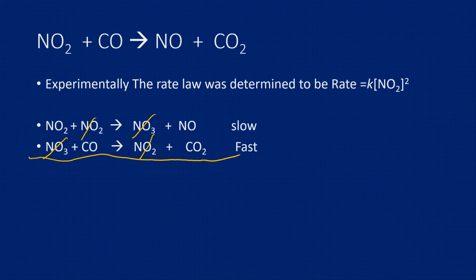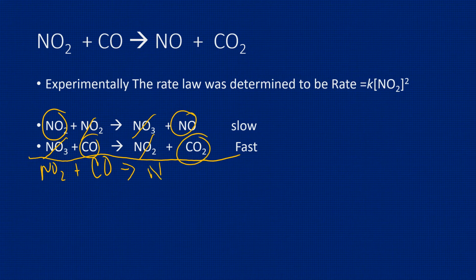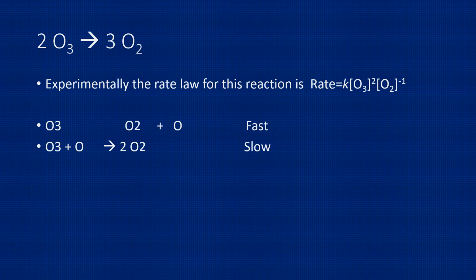So basically, if you see it on the reactant side and then you see it on the product side, you can cancel it out. Then what you wind up with is NO2 plus CO yields NO plus CO2. So yes, everything canceled out and we wind up with our net equation.